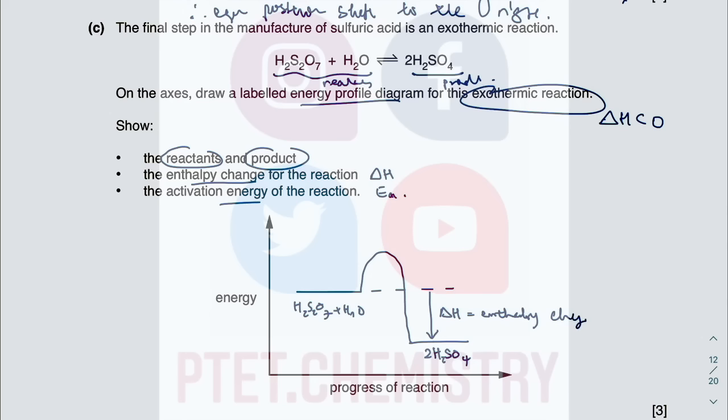Don't forget activation energy, from the reactant level to the top of the hump of the reaction profile diagram. Pretty straightforward. Label, arrows. From the start to the end, avoid the double-headed arrow. Enthalpy change is from the start to the end. Okay.